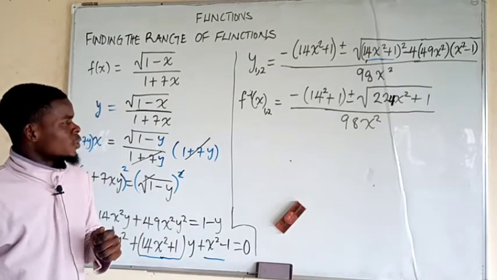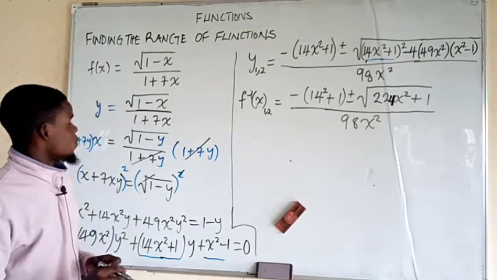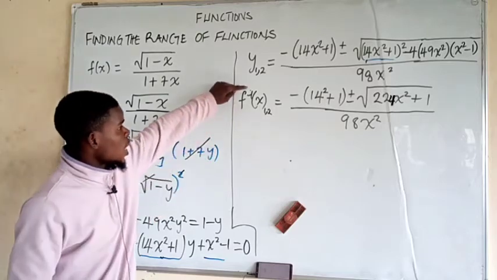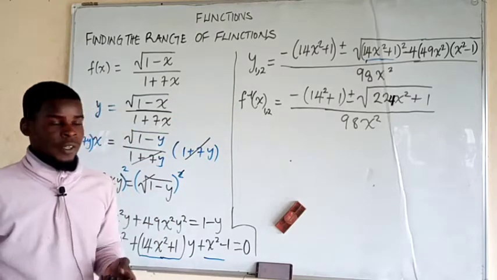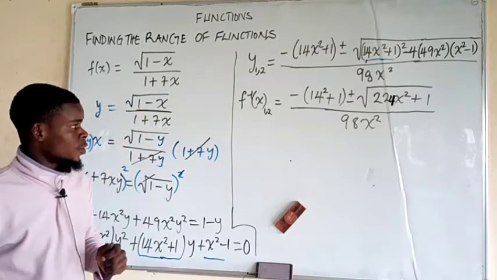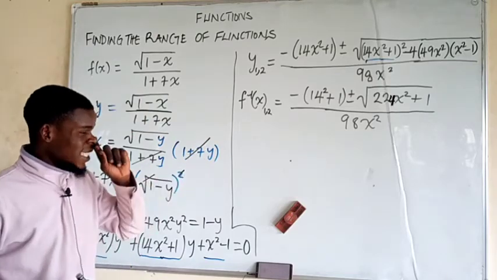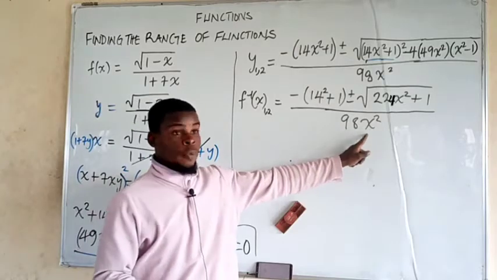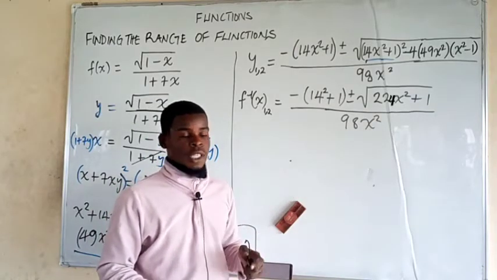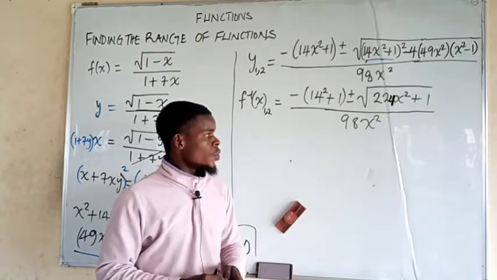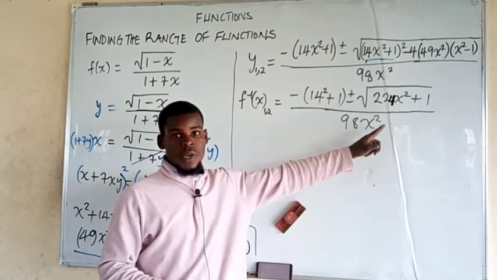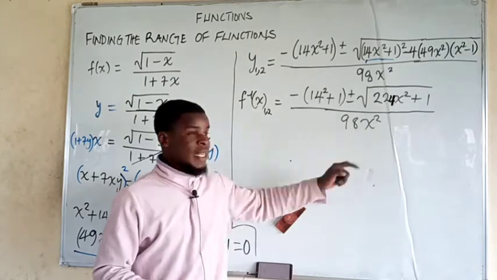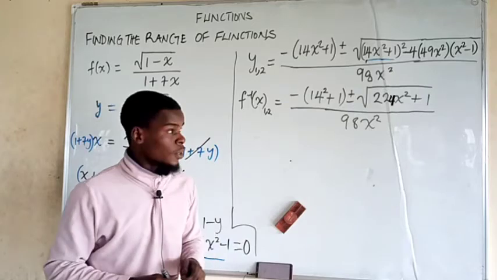And now, when we consider the range of a function, we find the inverse of a function, and we look at the domain of that inverse. That will be the range of the original function. So the domain of this inverse seems to be the set of all real numbers except 0, because we do not want to have 0 in the denominator. So if x is 0, that means we're going to have 0 squared, and 0 squared is 0, times 98, which is going to be 0 in the denominator, right?